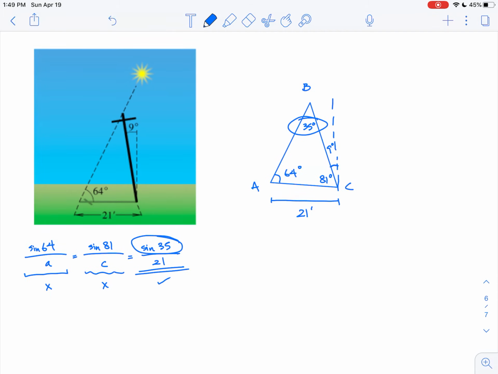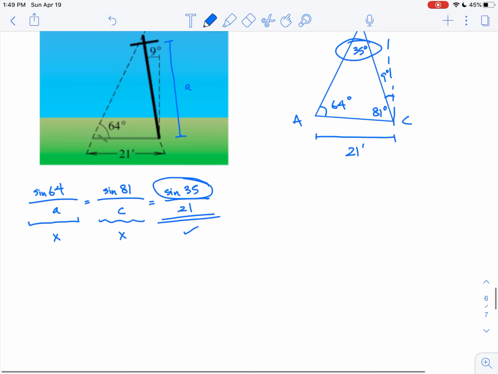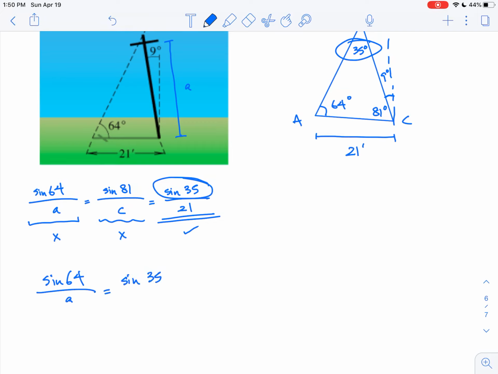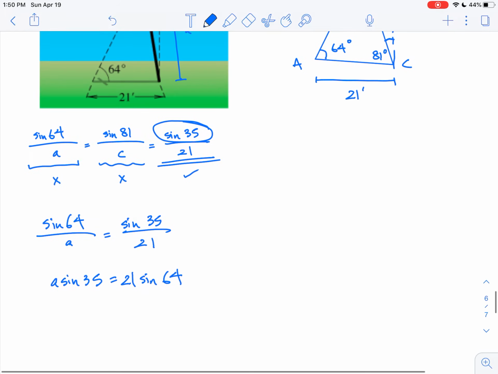So we can go ahead and find little a, because little a is going to be this distance, the length of the pole. I'm going to say sine of 64 over little a equals sine 35 over 21. If I cross multiply, a sine 35 equals 21 sine 64.